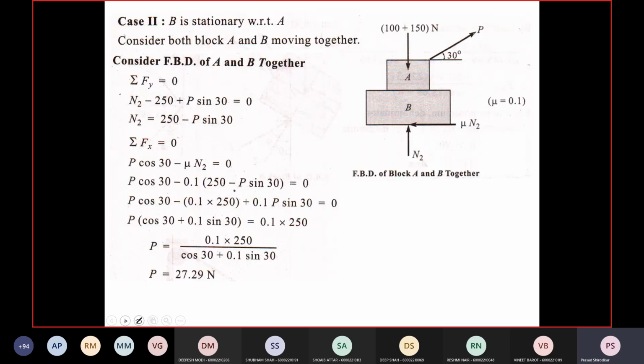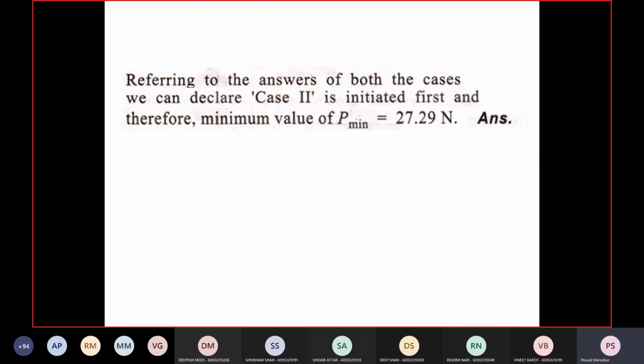So this is our P minimum. So case 2 is initiated first, because the P minimum is now 27.29. Any questions? Can I continue?